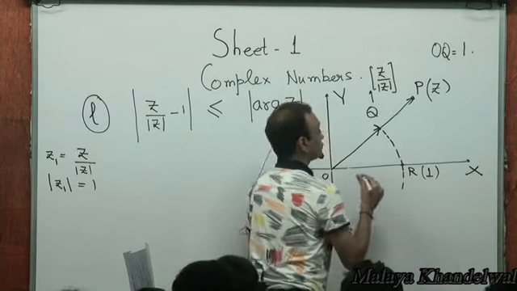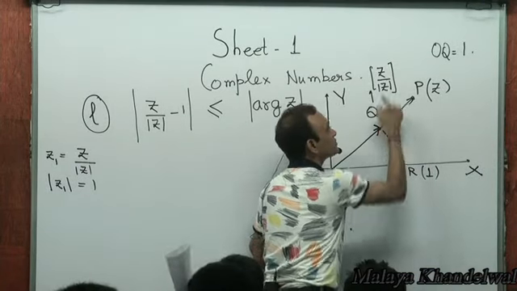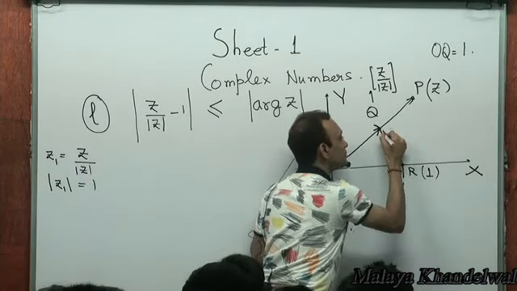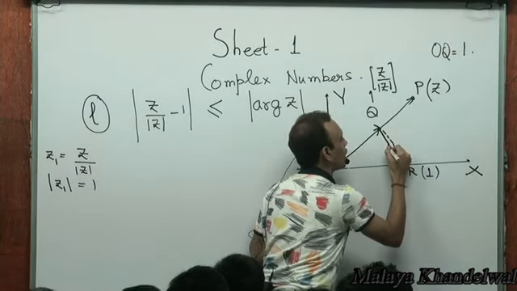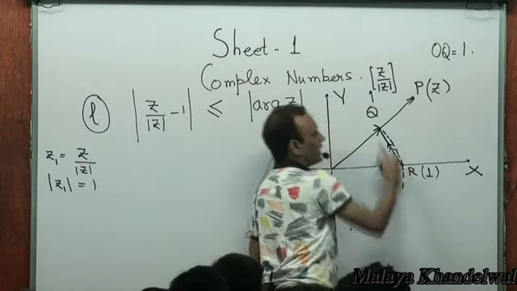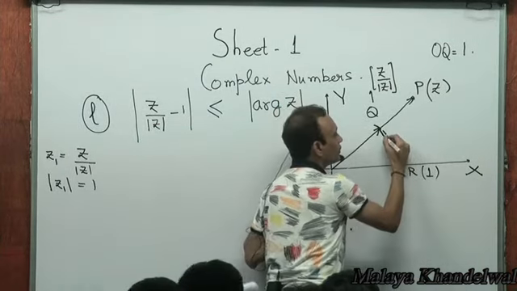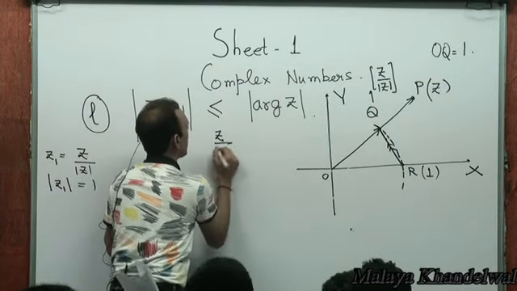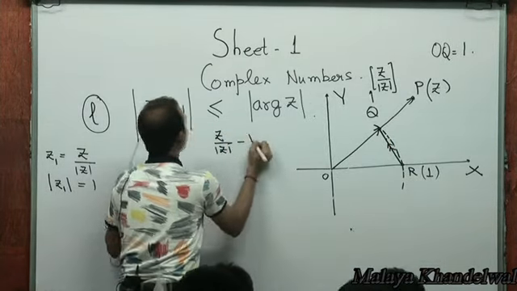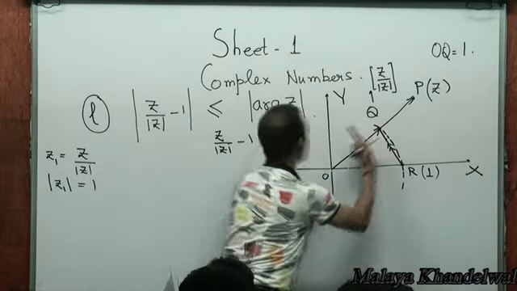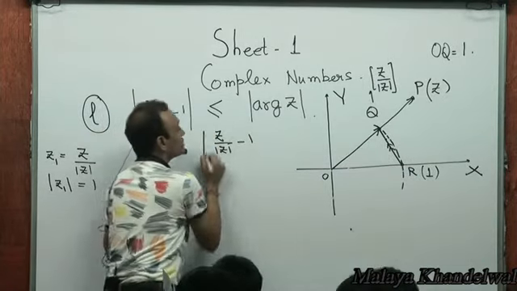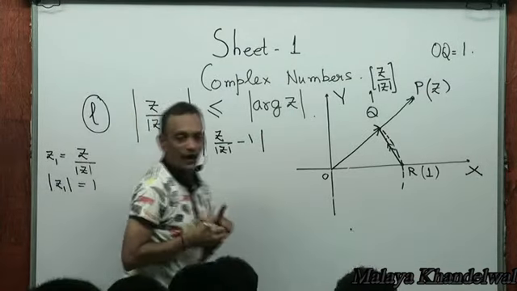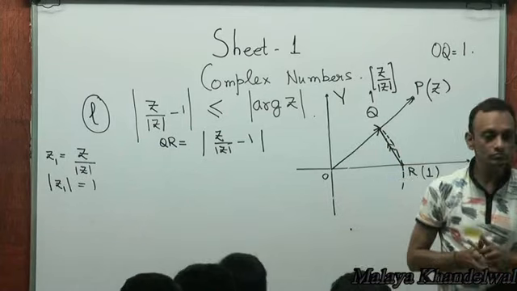Then do you realize this has position vector Z by mod Z, this has position vector 1. Therefore, Z by mod Z minus 1 is the vector RQ, and the mod of this is the chord RQ. The chord QR is this? Yes or no?